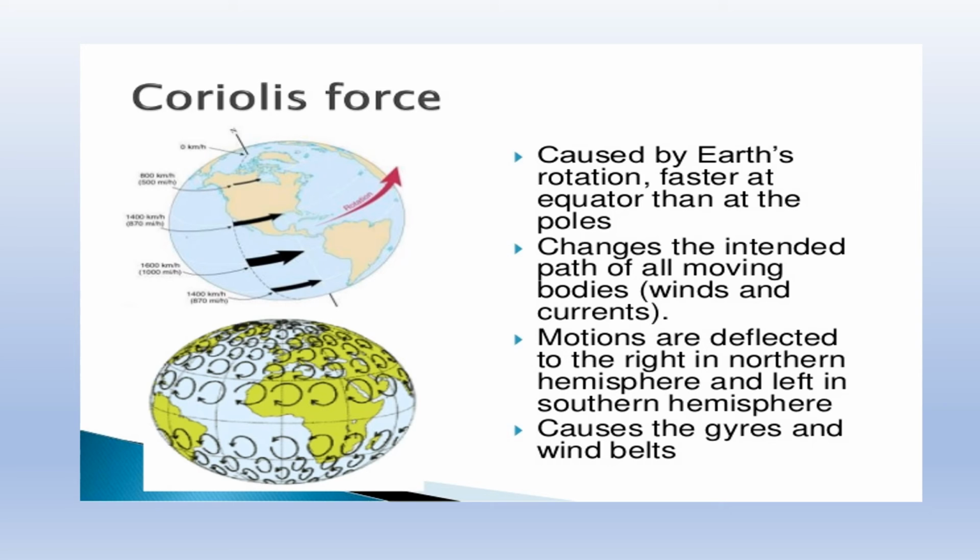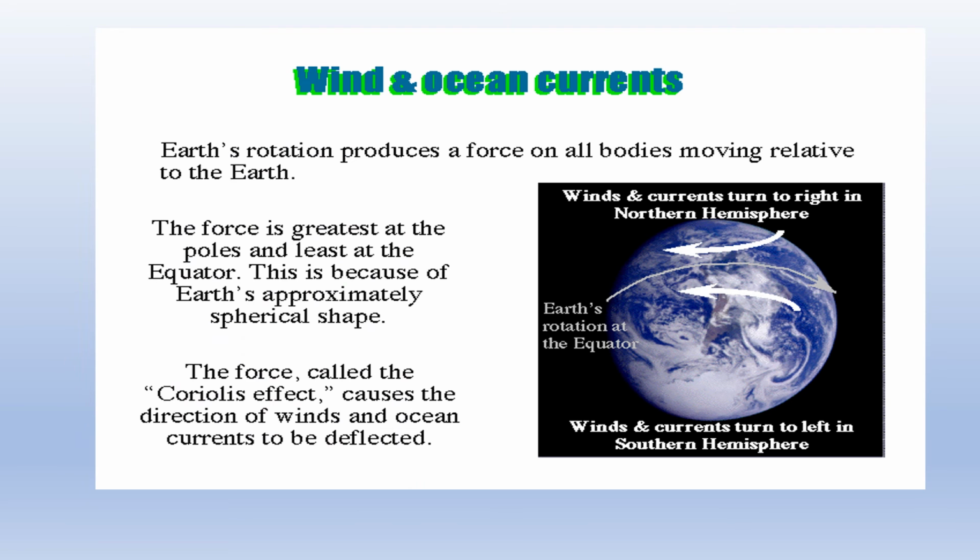This also leads to an interesting fact we are going to study: gyres. There are different ways to pronounce this, but I am pronouncing it gyres, and the belts which come into existence with the wind and the ocean currents are, again, the same thing explained in a different way.